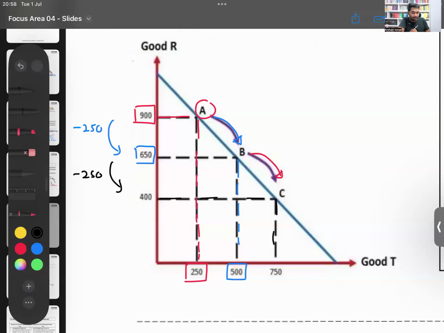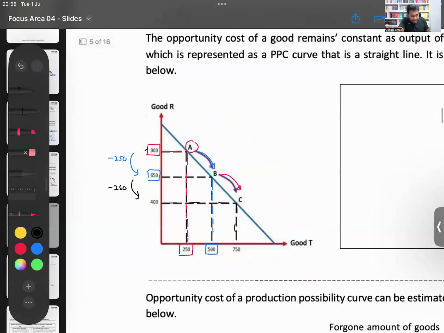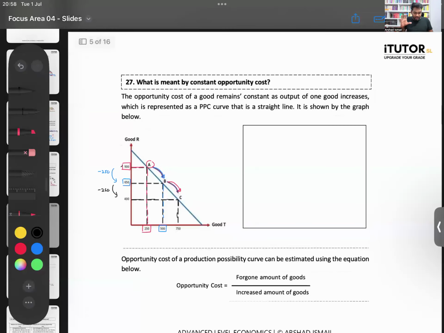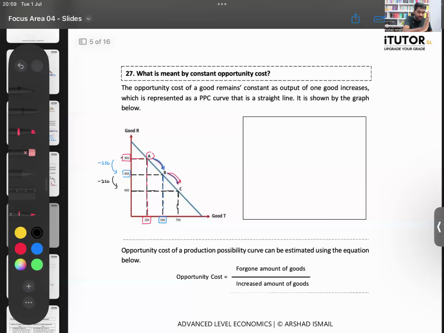How does it become 250? 900 minus 650. 650 minus 400. That's how the 250 comes. What you're giving up. Which good are you reducing the production of? So that's what you call my constant opportunity cost. Whenever you keep on increasing the production of one good, the amount of the other good you sacrifice remains constant. Here, every time you're sacrificing 250, 250.